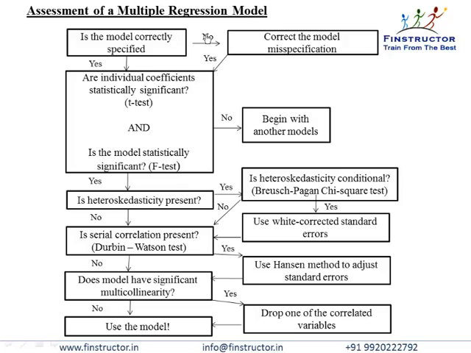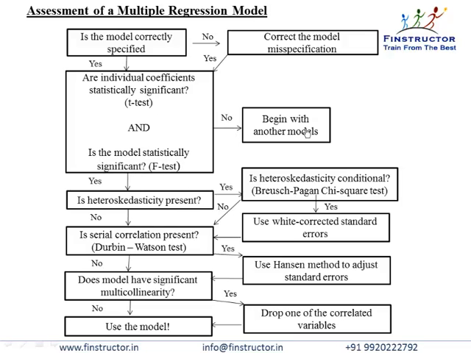So just to summarize the readings that we have studied, we'll start and check if the model is correctly specified. If no, we will correct the model specification by transforming the variables, including any omitted variables, and so forth. Once the model is correctly specified, we'll do the t-test to test if the individual coefficients are significant and if the model is statistically significant.